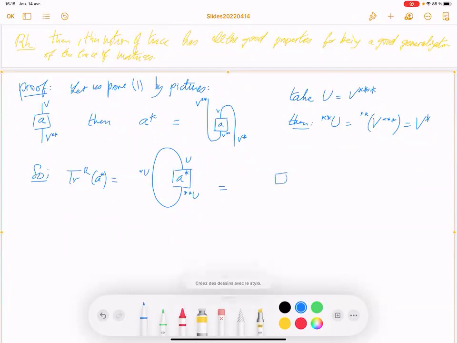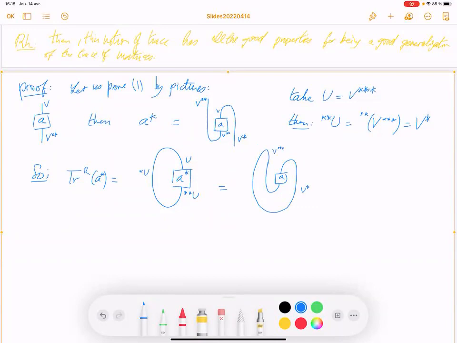So you have A here, and you have like that, and then you apply the right trace, like that. So here you have V star. Here you have V triple star.